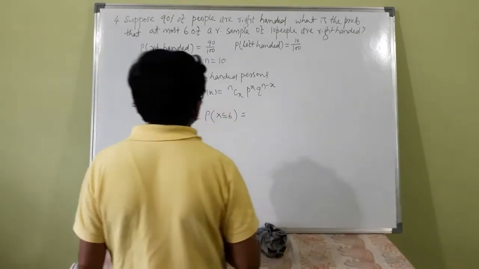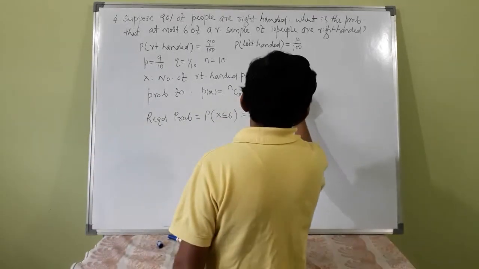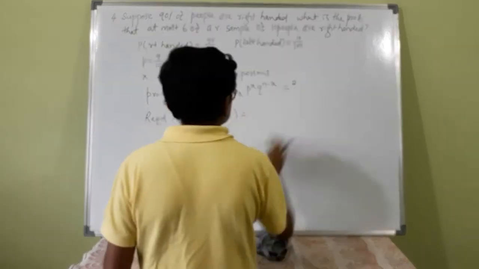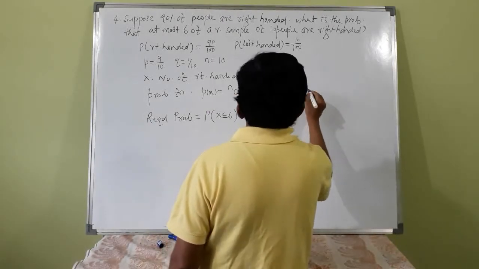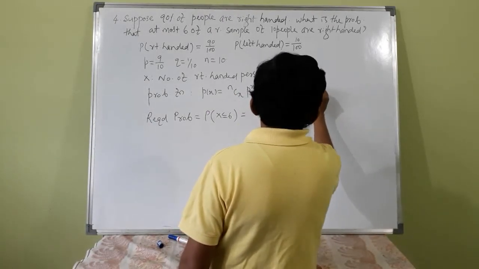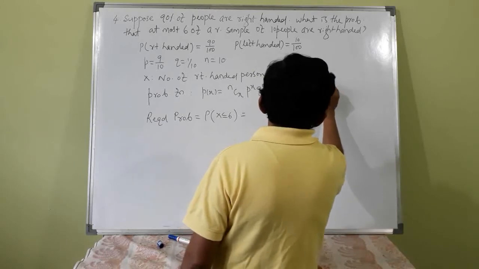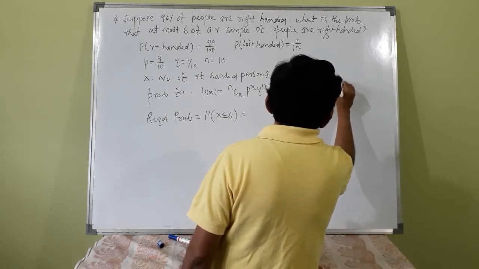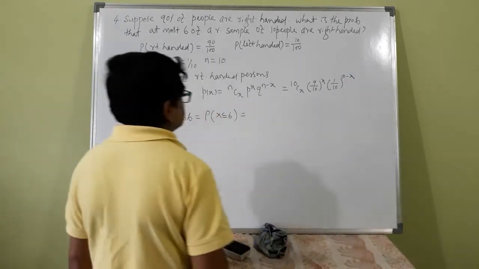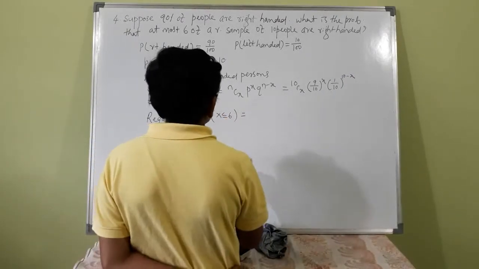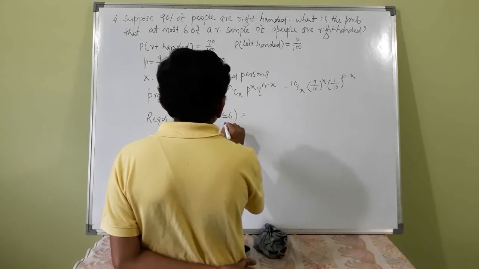Here n is 10, not 20. So it is 10Cx, 9 by 10 raised to x, 1 by 10 raised to 10 minus x. So this is what? Summation.